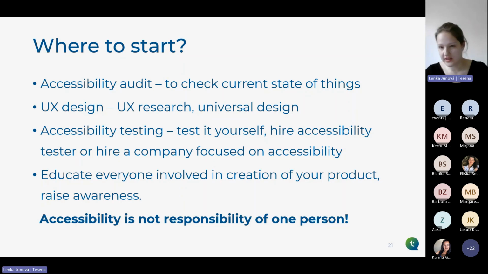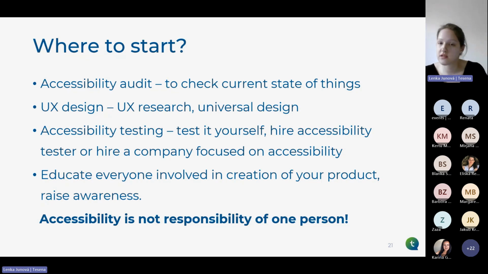UX research is important, and the notion of universal design, which means a design that's suitable for everybody, regardless of disability, essentially. I say it because it's always better to have accessibility baked into the solutions in the first place, rather than having to retrofit it somehow later.